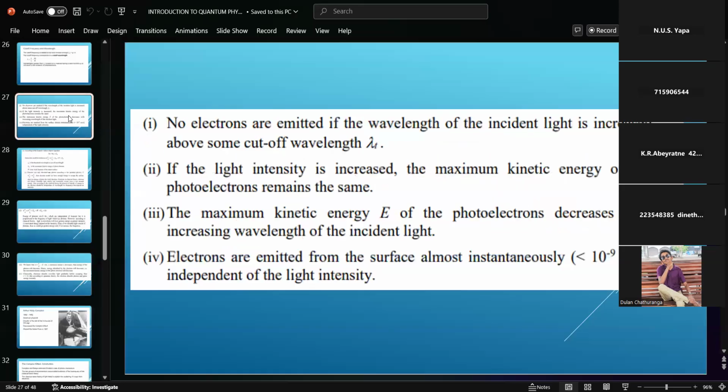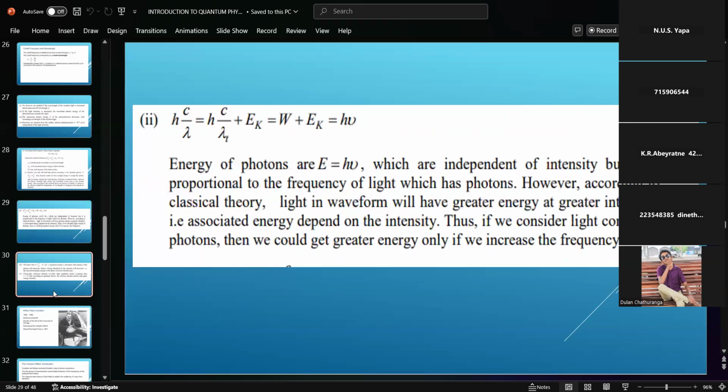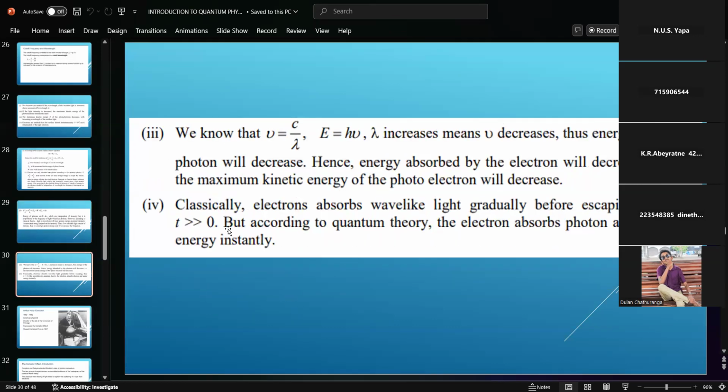And the fourth one, electrons are emitted from the surface almost instantaneously, as I also explained previously. The time is less than 10^-9 seconds, independent of the light intensity. Classically, the electron absorbs the wave-like light gradually before escaping.